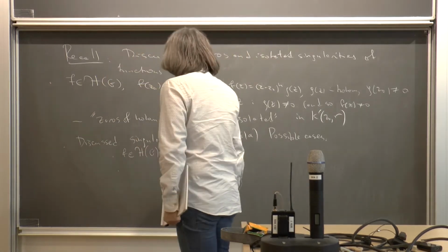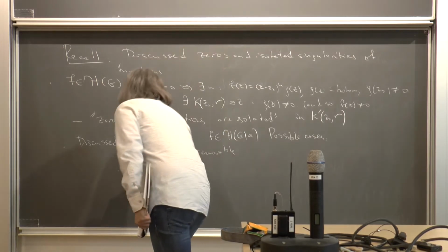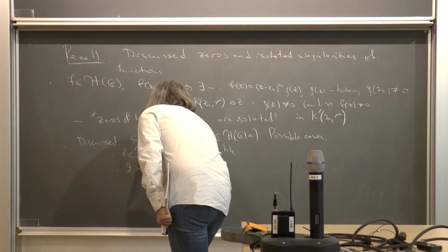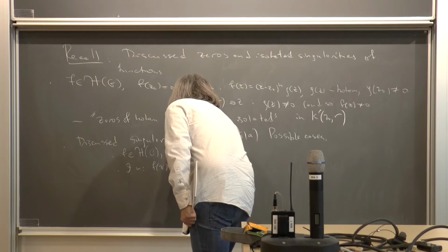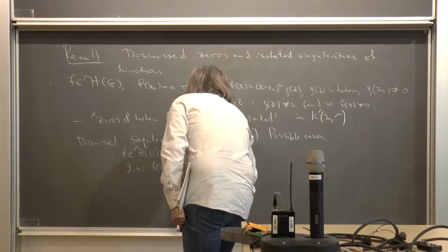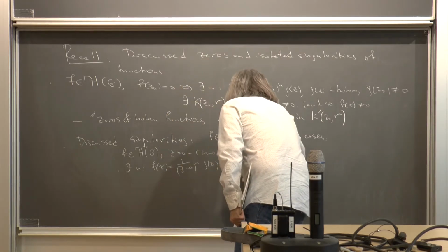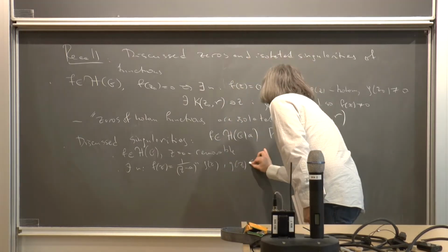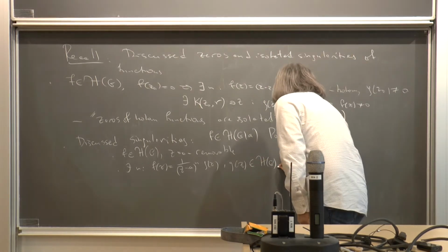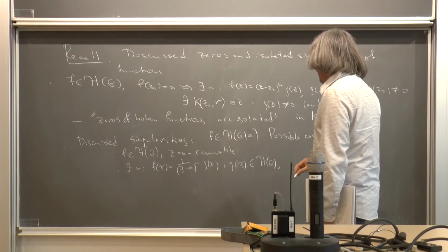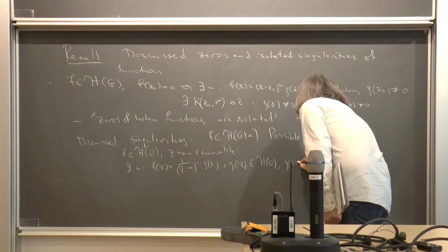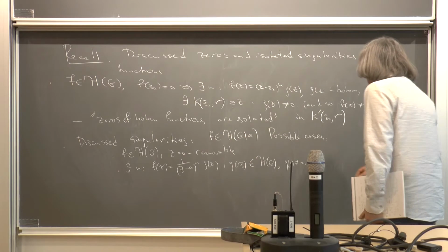Or there exists n such that f of z is 1 over (z minus a) to the n times g of z, where g of z is holomorphic in the whole G and g of A is not 0. So this means that it's a pole of degree n.